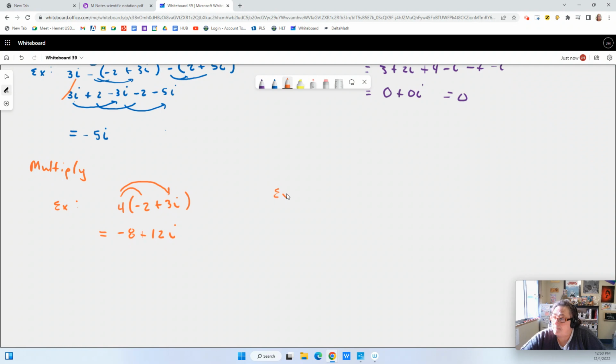But say I have 2 minus i times 4 plus 3i. Now we have to do that FOIL method, even though I hate the term FOIL because it only works for binomials. We're going to take our 2 and multiply it times 4 and we're going to get 8.